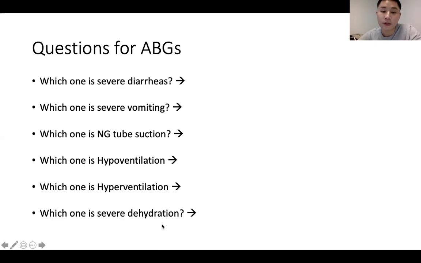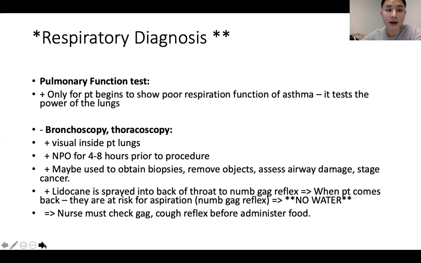Okay. So severe dehydration will affect the kidney. The kidney cannot produce bicarbonate, and bicarbonate is a buffer. So when we don't have enough buffer, the acidic level is higher. So severe dehydration will lead to metabolic acidosis. Good job, guys. All right.